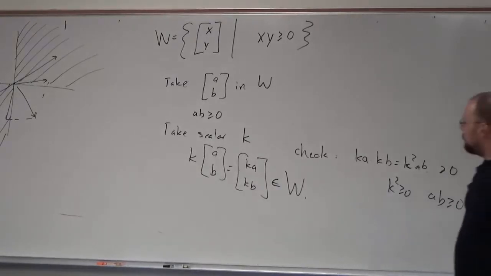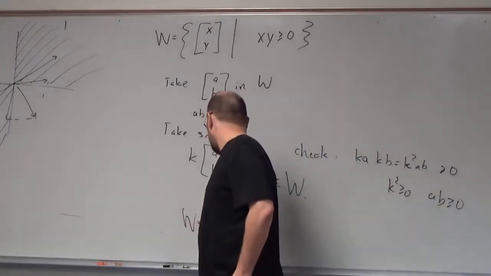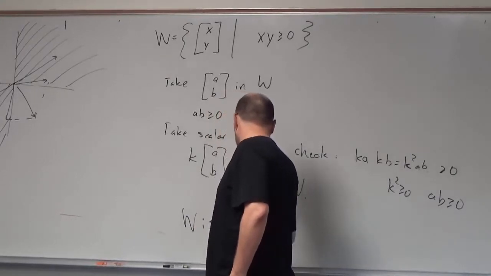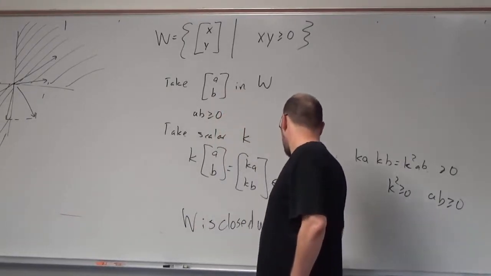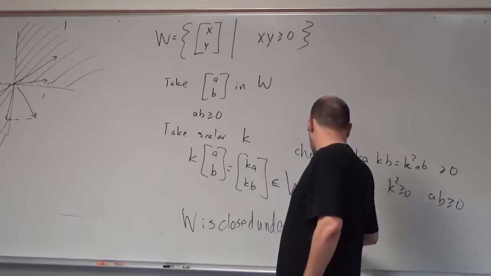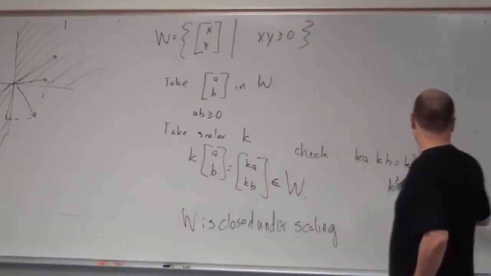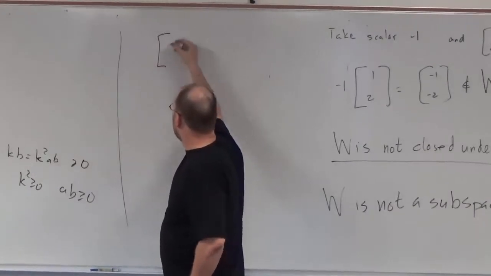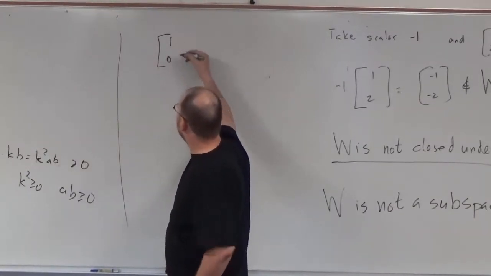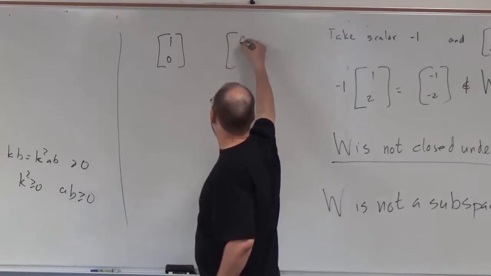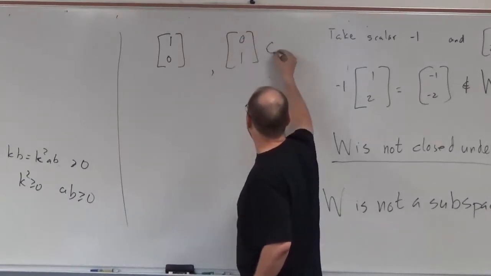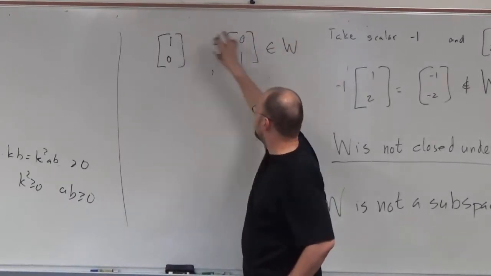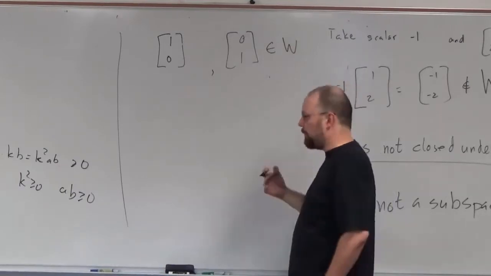Okay, so W is closed under scaling. However, think of a counterexample like (1, 0) and (0, 1). Keep it simple. These are both vectors in W, right? The product of the entries is not negative. It's 0, but that's okay.